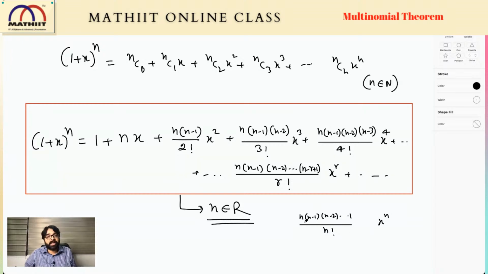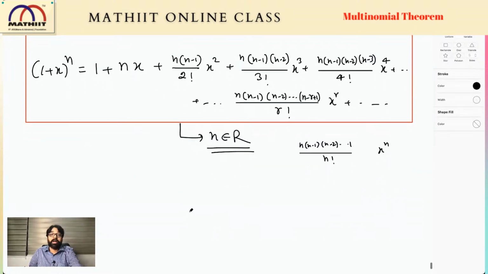And you know, this is n factorial itself. But there is a problem. Listen carefully. When n is a natural number, surely at one point of time one of the terms will become 0. So further, we don't have to calculate. That's why if n is a natural number, the number of terms will be finite. Very important point, please listen.